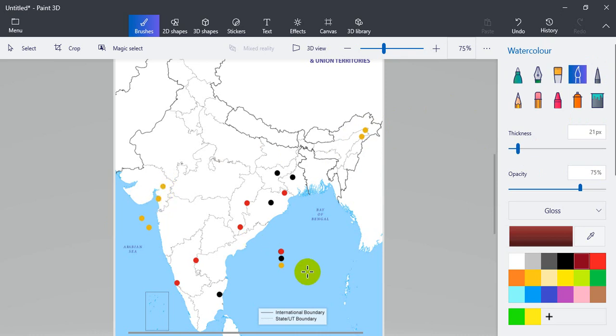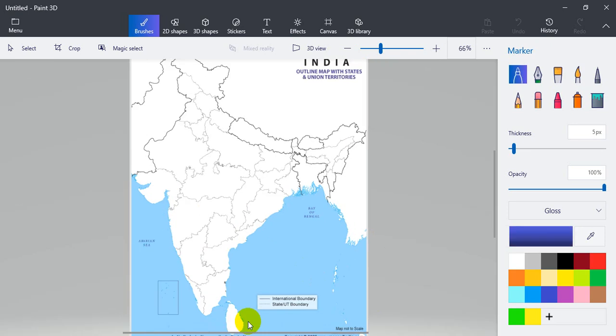So I have completed the distribution of the mineral and energy resources. Now next is related to the power plants. That is the last topic for your map pointing. Number 1, I'll proceed with the thermal power plants. As per your syllabus, number 1 is in the extreme northeast, Namrup.